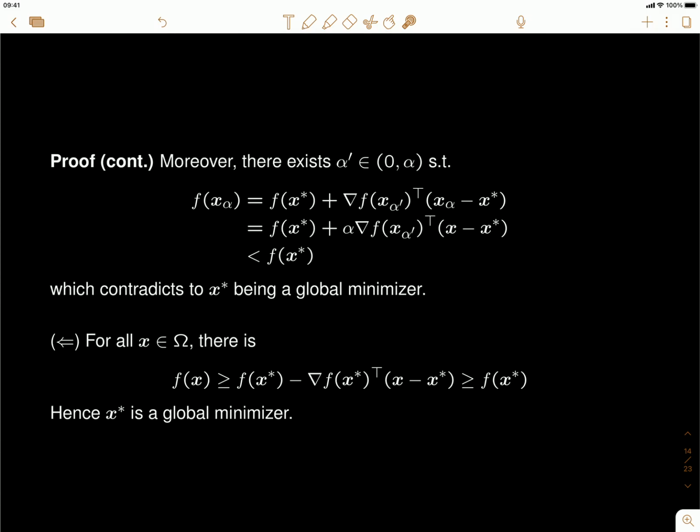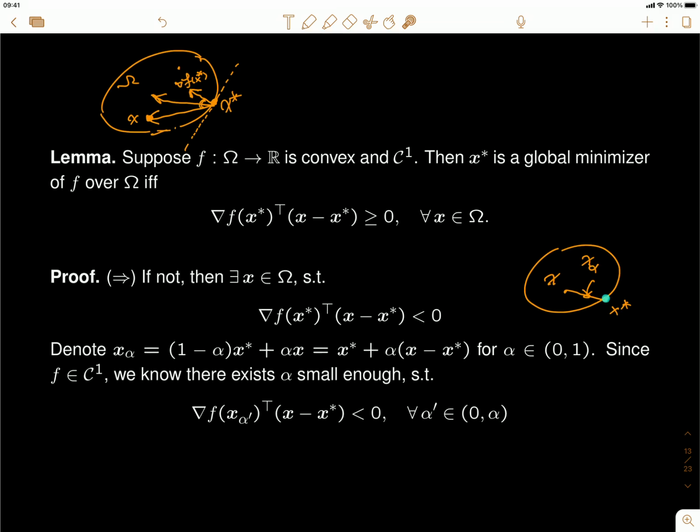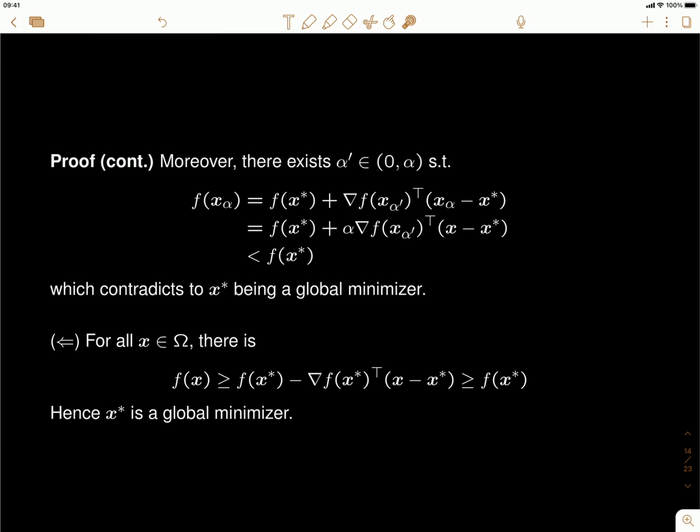If this is the case, then at x alpha prime, the alpha prime is small enough, smaller than a certain alpha, and as long as alpha prime is less than this alpha, it is close to x star. So say up to here, this is the alpha. Then everything even closer to x star will be alpha prime.